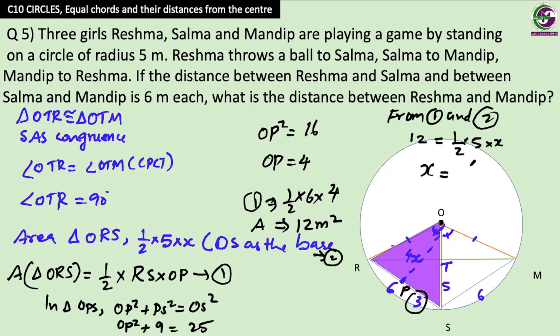Therefore, x is equal to 12 times 2 divided by 5, or x is equal to 24 divided by 5, which is 4.8. So x is 4.8. So RM is equal to x plus x, 2x. So 2 times 4.8. So RM is equal to 9.6 meters.